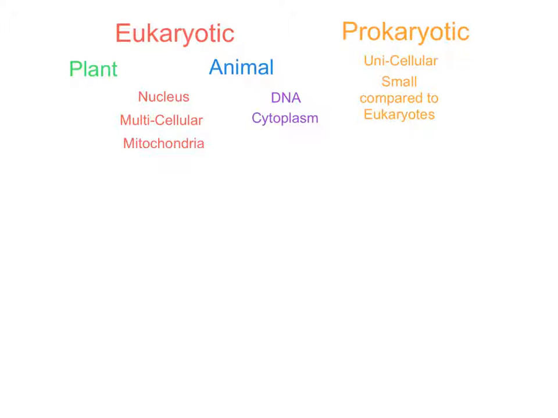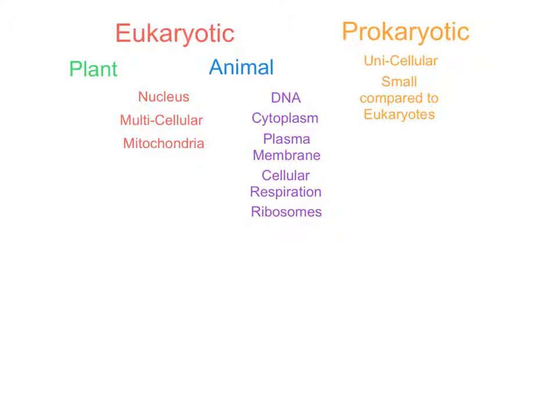Also, another very important one is the cytoplasm. Some other ones: plasma membrane, or cell membrane, you might hear it called. They all participate in cellular respiration, and they all contain ribosomes. So these purple ones are things that are shared between all types of cells in this class.